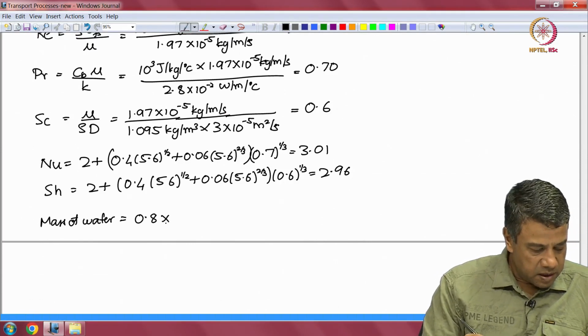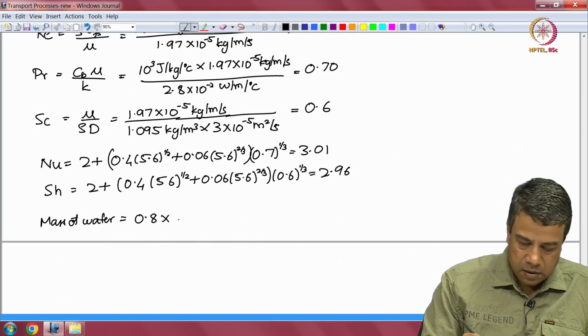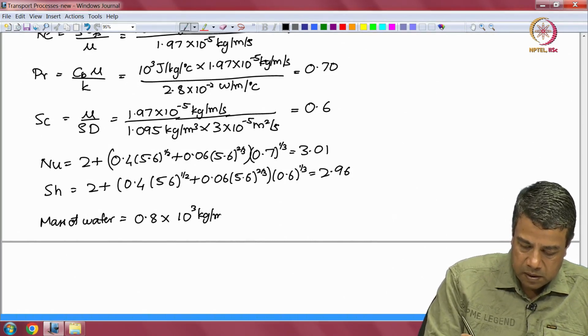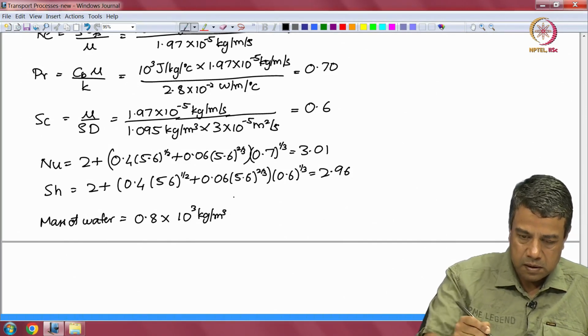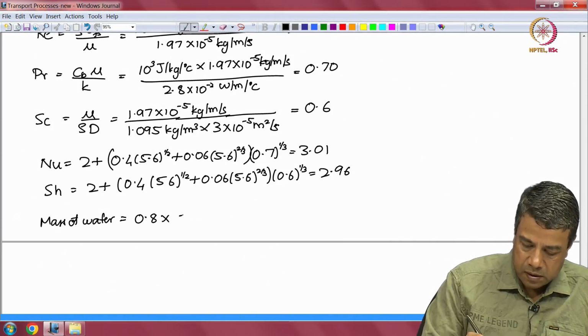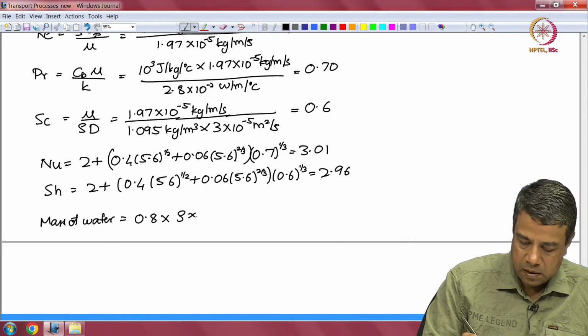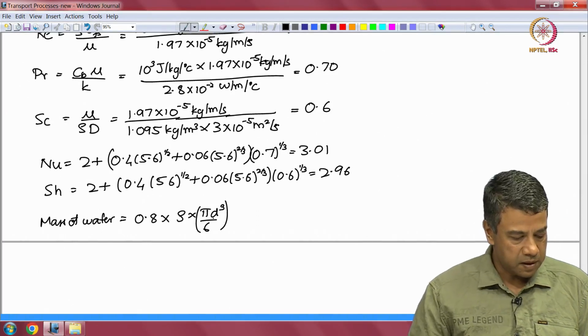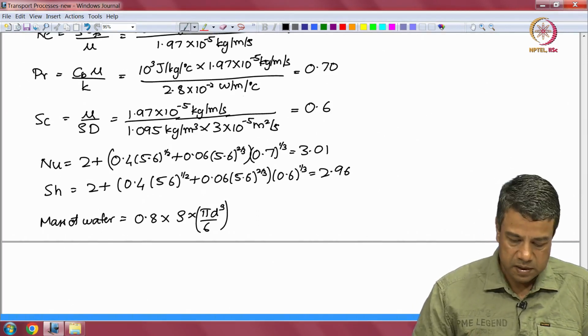Mass is equal to the density, 10 power 3 kg per meter cubed, into the volume. The volume of the droplet in terms of the diameter is pi d cubed by 6.